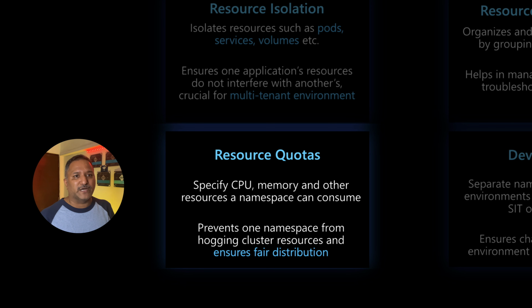We can ensure that one team is not hogging all the resources of the cluster. We can have policies in place to make sure that most of the teams use a similar kind of resources as per their needs, and only when there is a need to change the resource allocation, we can go ahead and update them. So this ensures a fair distribution of resources across multiple teams.